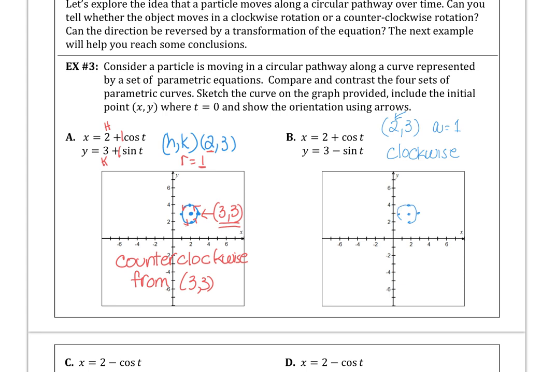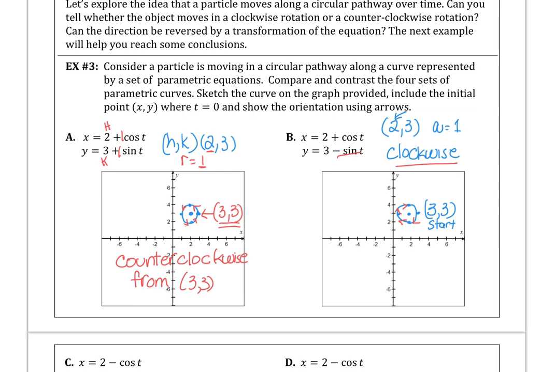So our circle is here. We're starting at the ordered pair 3, 3. This is our starting spot, but we're going clockwise because of the negative on the sine. So a negative sign would go down, clockwise rotation.